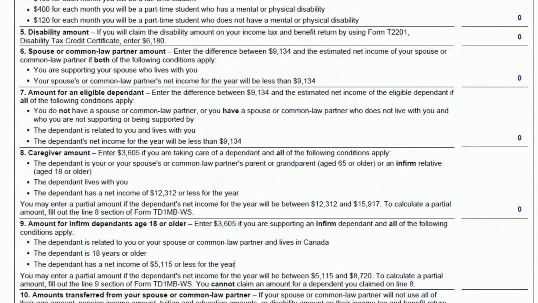If these three conditions are met and they have income of 5,115 or less, you will enter 3605. In case they have an income of more than 8720, you will enter 0 here. And if they have income between 5115 and 8720, in that case you will use the worksheet.